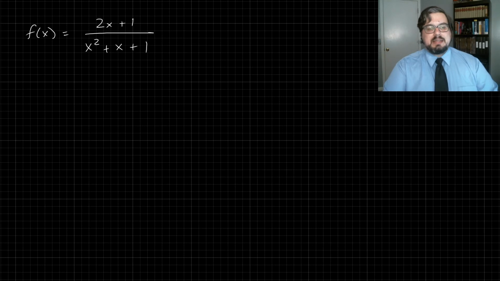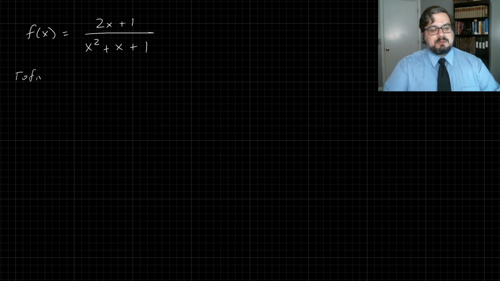We don't have any of our normal factoring techniques that will work on our denominator. The numerator is already factored. However, if there is a 0 of the denominator, it can still give us a vertical asymptote. And sometimes we have to get at that using things like the quadratic formula.